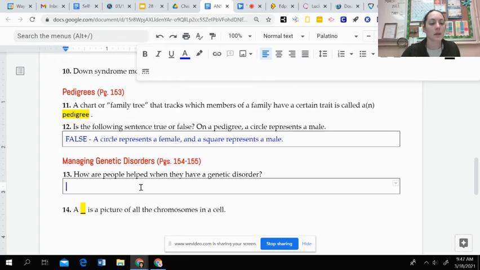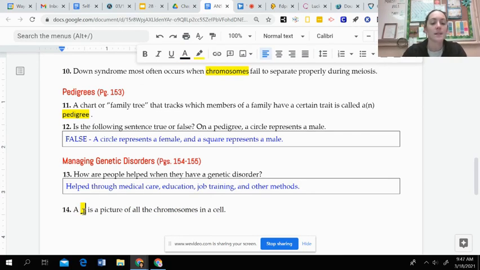Then moving on to managing genetic disorders, how are people helped when they have a genetic disorder? They are helped through medical care, education of their genetic disorder, how it can be treated, things like that, job training, and other methods.